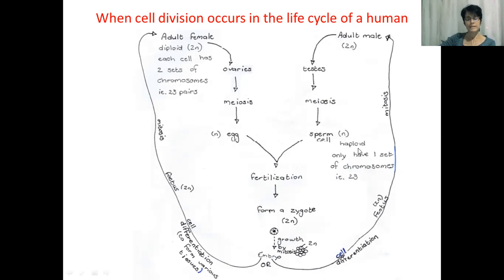Haploid means there's only one set of chromosomes. So in humans, there are 23 chromosomes. Now, this will be different for different organisms. For example, dogs have 38 pairs of chromosomes. So they have 38 times 2, so 76 chromosomes per cell.